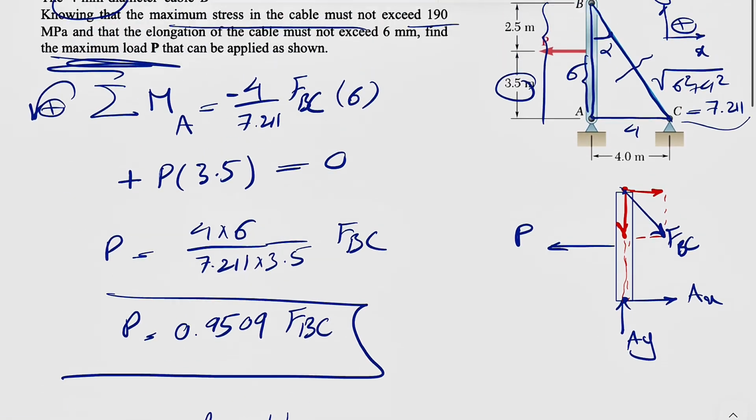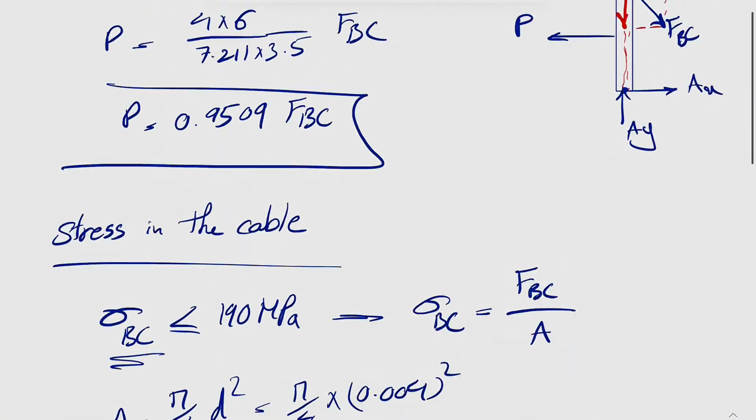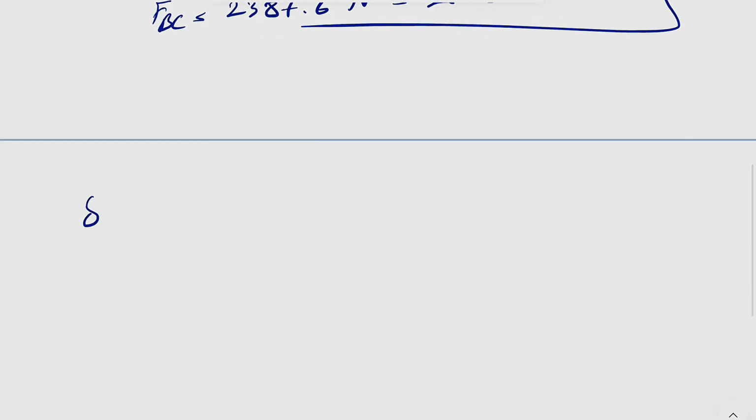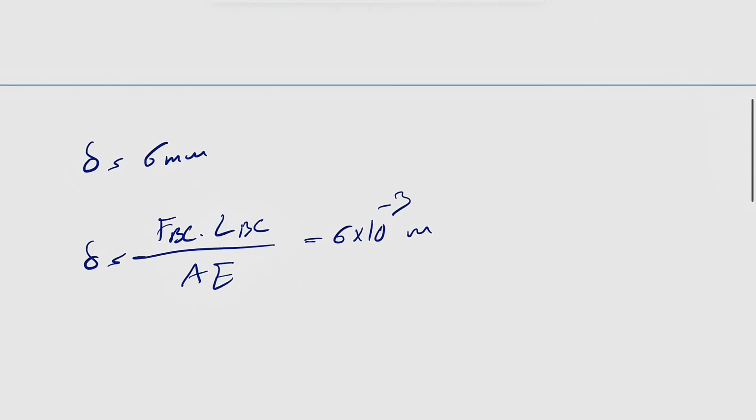So that's based on the allowable stress in the cable, but we have to watch for something else too, and that would be the elongation in that cable, which we know must not exceed 6 millimeters. So basically we have the deformation 6 millimeter in here, and we have our formula for the elongation: FBC times the length of BC divided by A times elastic modulus. And we know this will be equal to 6 times 10 to the minus 3 meter, or the 6 millimeters.